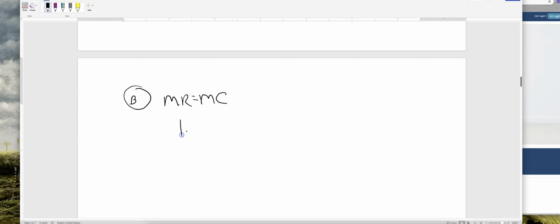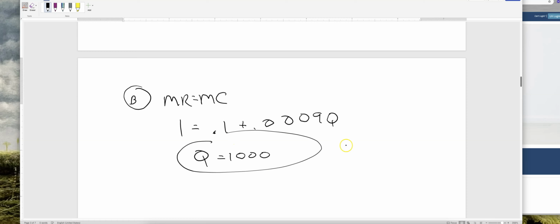But since I already know my marginal revenue is 1, I can just set that equal to my marginal cost, which is 0.1 plus 0.009 Q. And solving for that, we know that each individual firm is going to be charging the $1 market price, but the quantity will be 1,000.